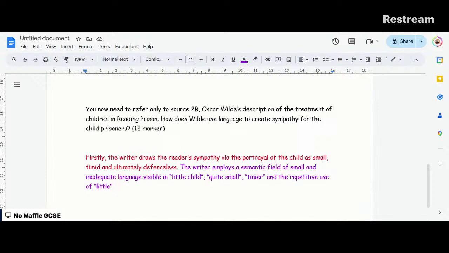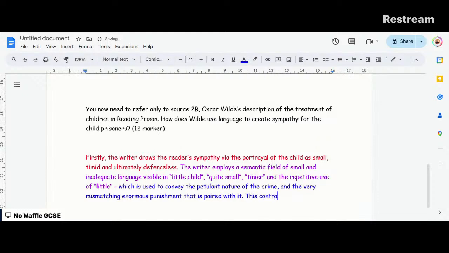Okay, and then we can do our analysis on this. So using another color, which is used to convey the petulant nature of the crime and the very mismatching, enormous punishment that is paired with it.